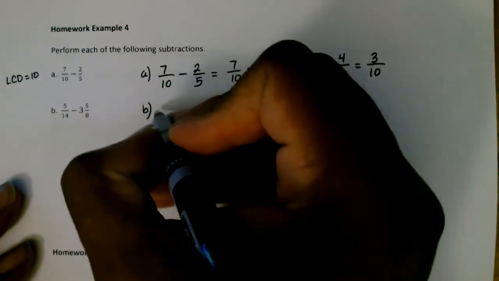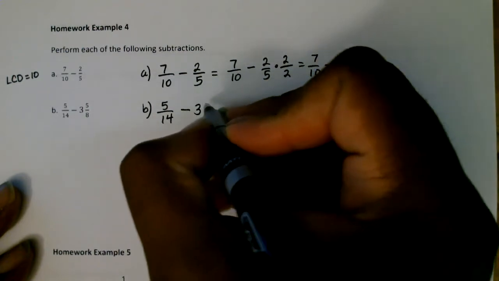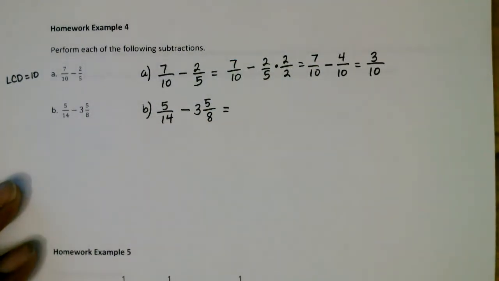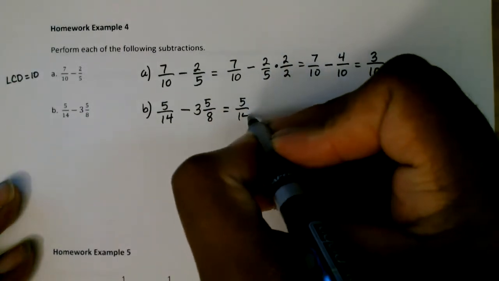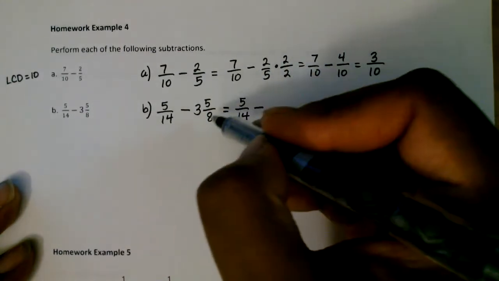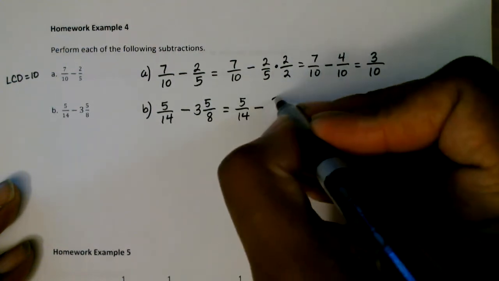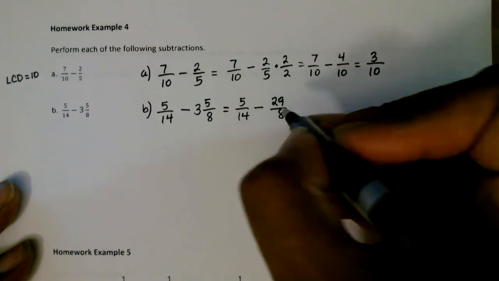Now part B, we got 5/14 minus 3 and 5/8. For me, I would go ahead and convert 3 and 5/8 into an improper fraction. So let me bring the 5/14 over, and then minus 8 times the 3 will be 24, plus 5 will be 29 over 8.